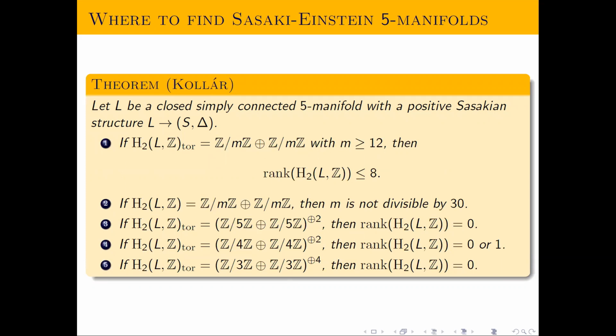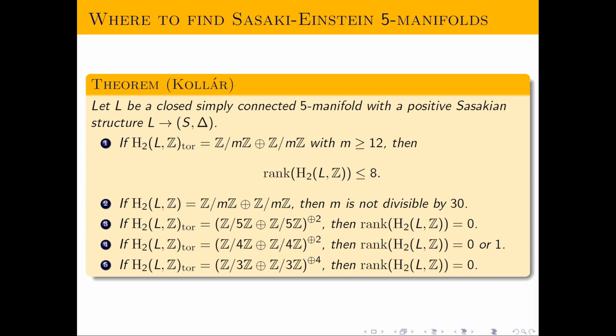And also, he proved some structure theorems about this second homology group. If the order of the torsion is at least 12, then the rank of the free part must be at most 8.